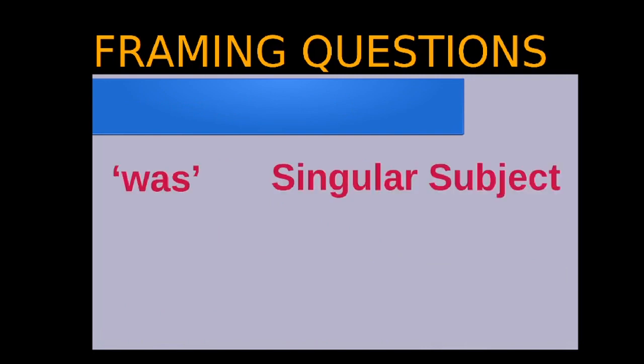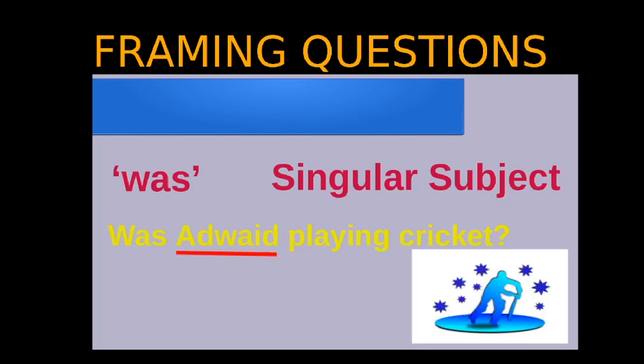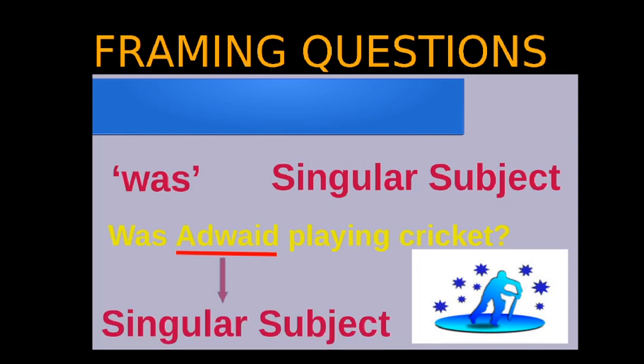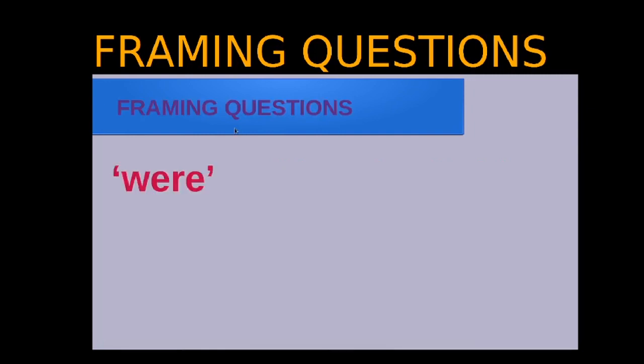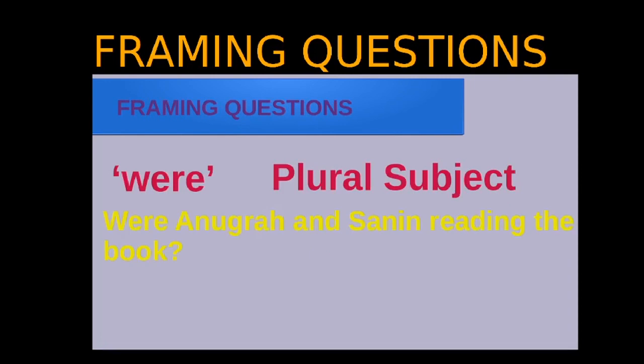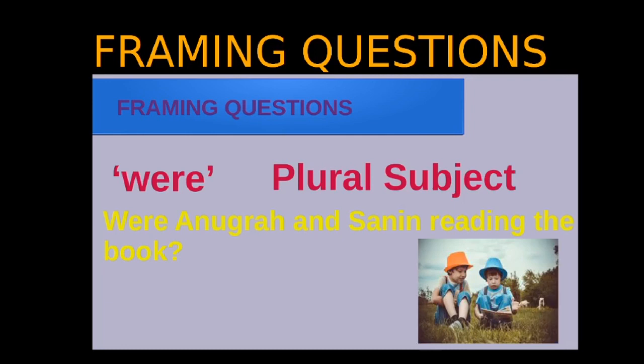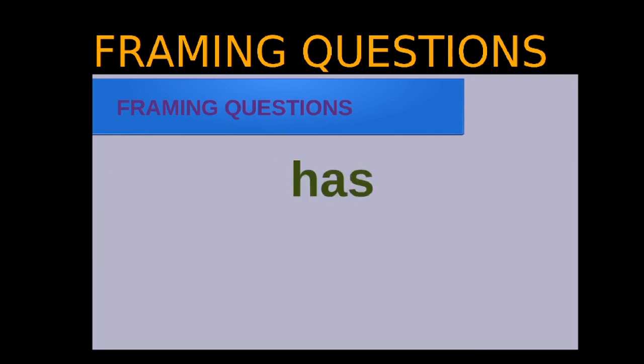Was is used with a singular subject, and was is used with past tense, whereas is, am and are are used with present tense. Was Advait playing cricket? So here Advait is the singular subject. And were is used with plural subjects. Were Anugrah and Sanin reading the book? You find Anugrah and Sanin, and they are plural.